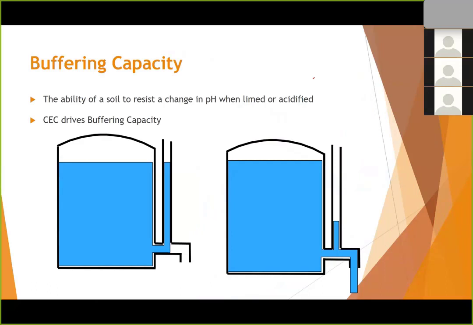I think this graphic really solidifies the concept of what I'm trying to talk about. And they call it buffering capacity. So you're going to take soil samples and you're going to send them into a lab, and they are going to quantify what I was just talking about. They're going to give you a pH value, but they're also going to give you a soil buffer pH value.